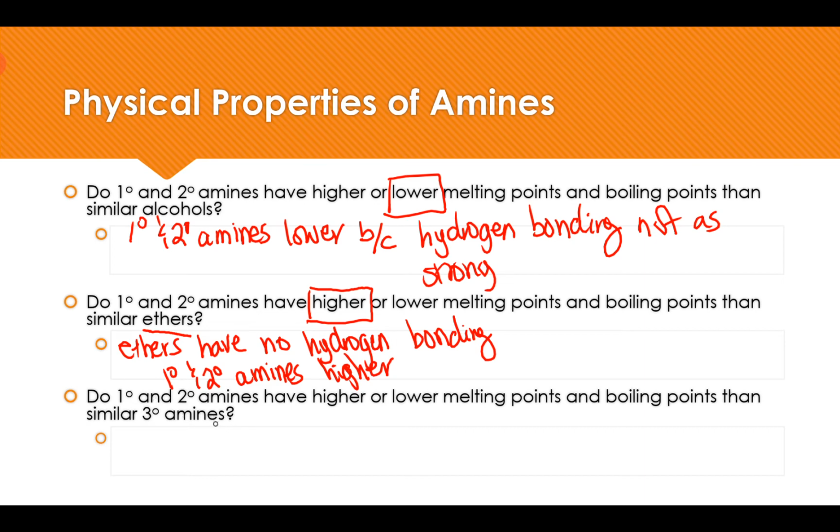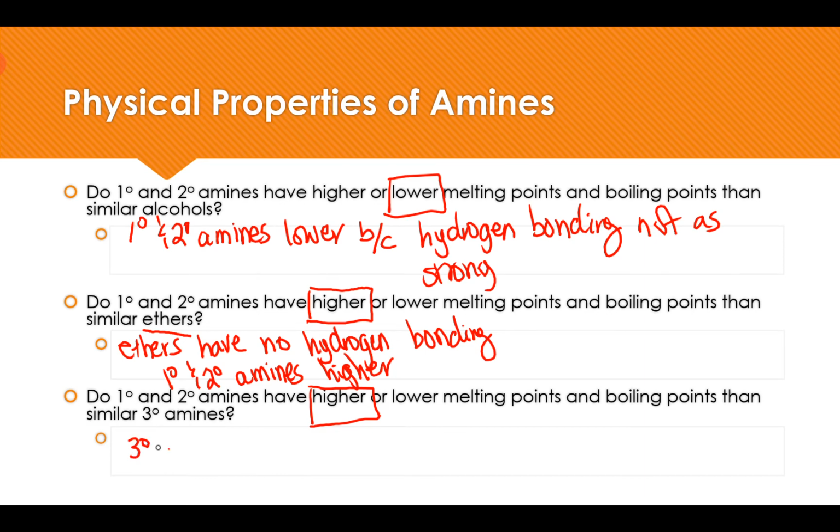Now, primary and secondary amines, would they have a higher or lower melting point than similar tertiary amines? Well, since primary and secondary can hydrogen bond and tertiary amines cannot, then our primary and secondary amines are going to be higher.